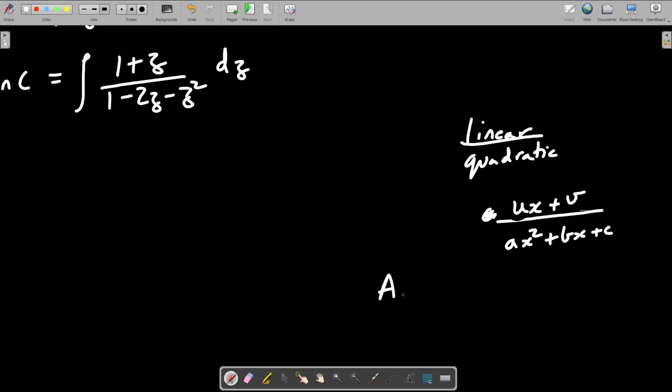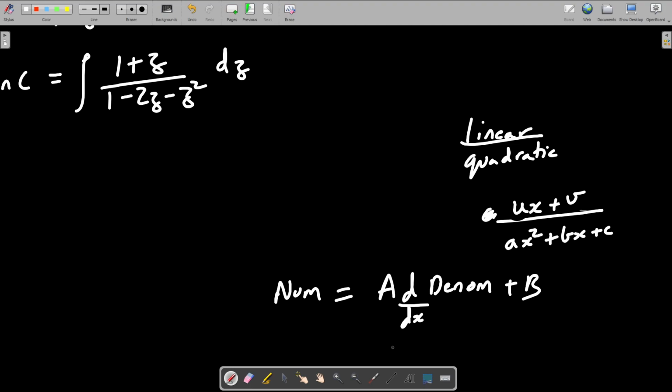I'll do something now. A times d by dx of the denominator, I'll replace the numerator with A times d by dx of the denominator plus B. Right? Yeah, try this and see what will happen.